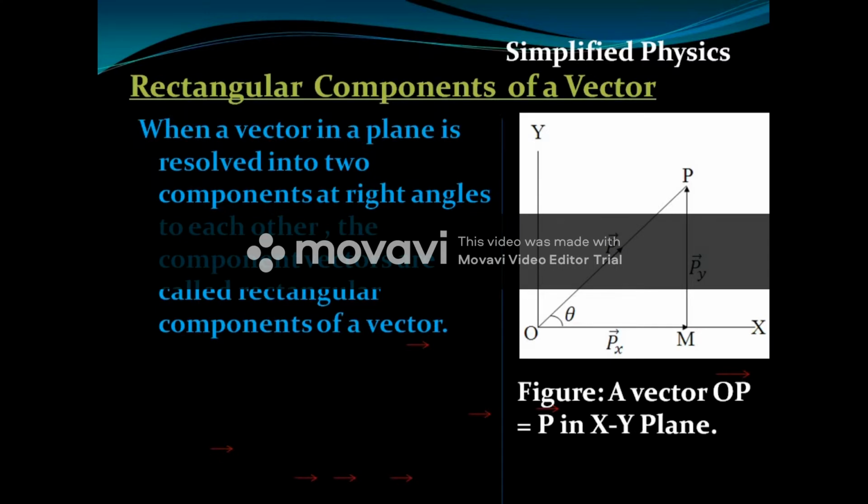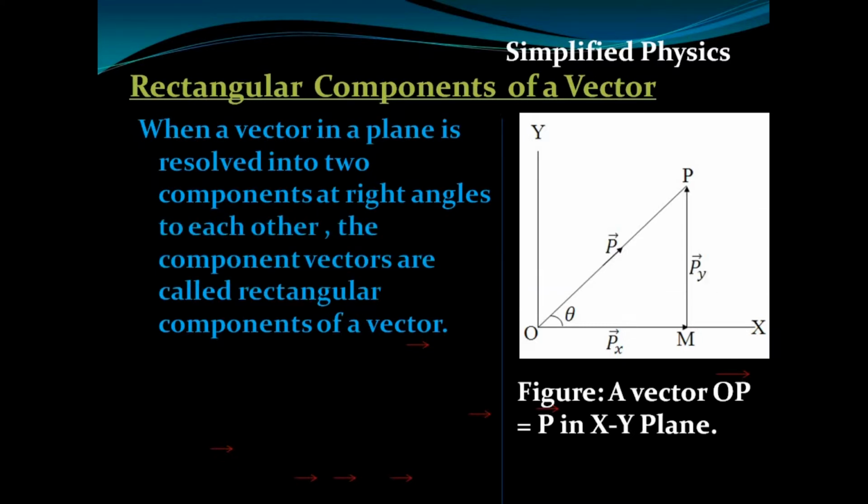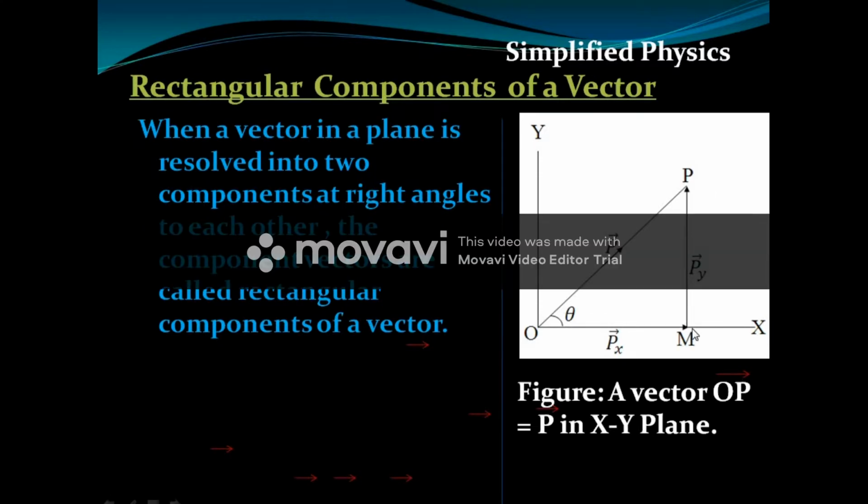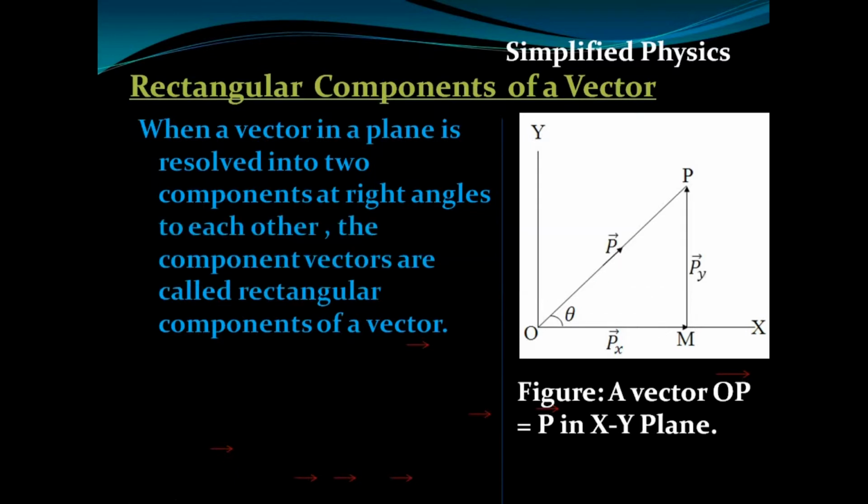What are rectangular components? If the resolved vectors are at right angles, that means the components are at right angles, those vectors are called rectangular components of the vector. That means a P vector is resolved into Px vector and Py vector perpendicular to each other. These are rectangular components of the given vector P.